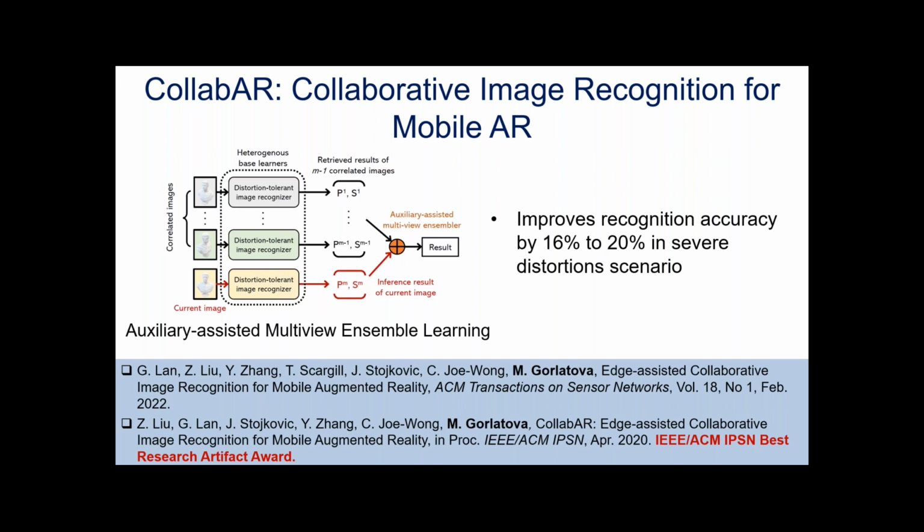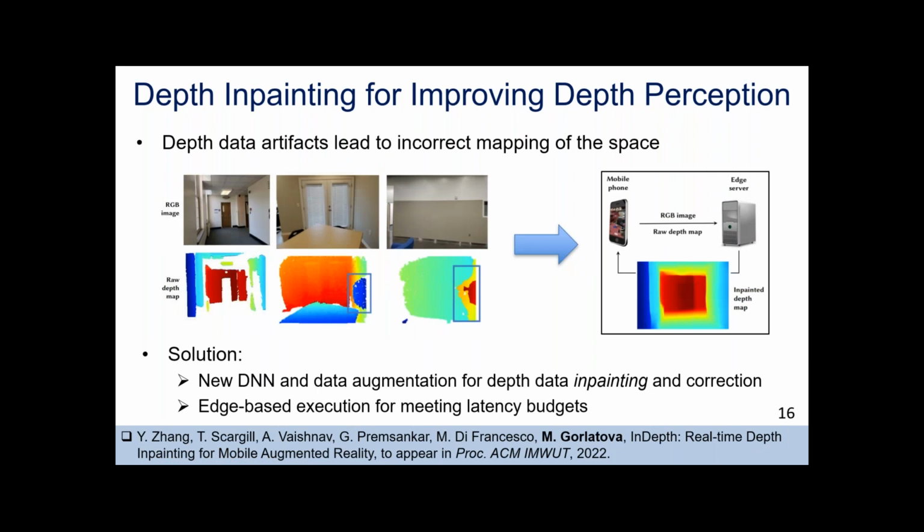I also want to talk about our work on using edge computing to improve depth sensing for AR devices. And this is directly related to the issue of scale that I was showing before: if you do not get depth right, we don't get scale right. And that's very noticeable to the users, and it's very commonly encountered in the everyday world. So depth sensors are being incorporated into many high-end AR devices, including AR headsets.